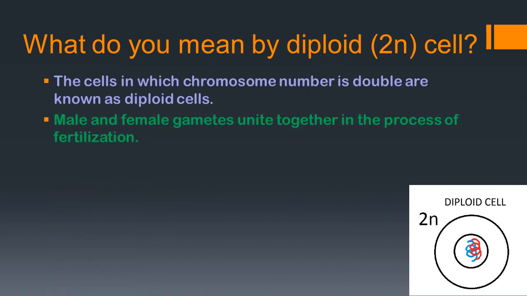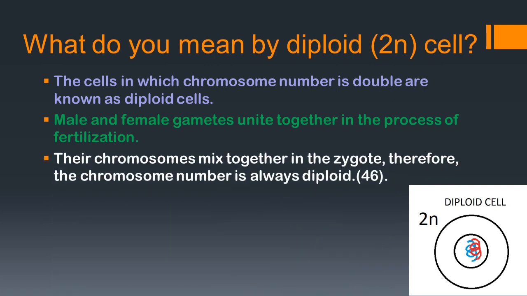Okay, so male and female gametes unite together in the process of fertilization. The male gamete contains 23 chromosomes and the female gamete contains 23 chromosomes. So when they fuse together, they form a diploid zygote. The zygote will contain 46 chromosomes, and their chromosomes mix together in the zygote, and therefore the chromosome number is always diploid, that is 46.